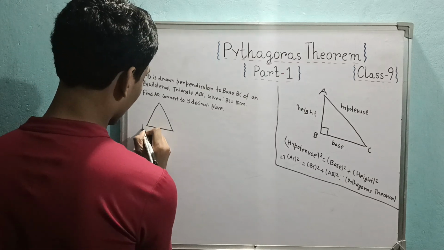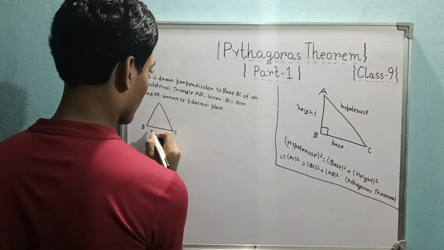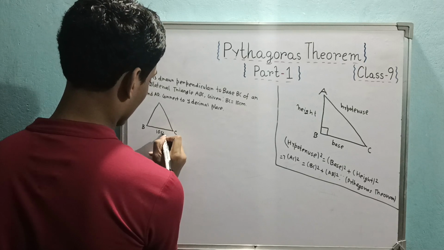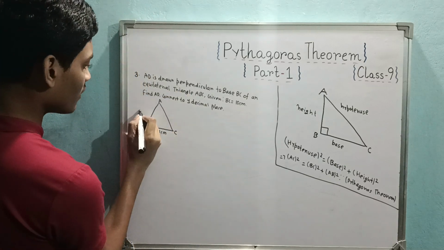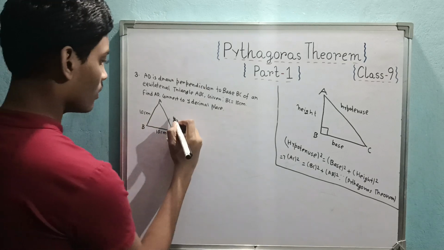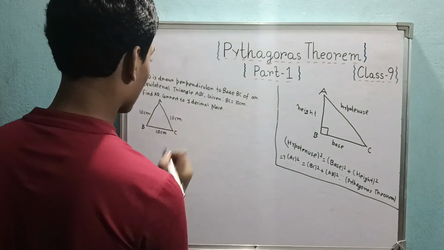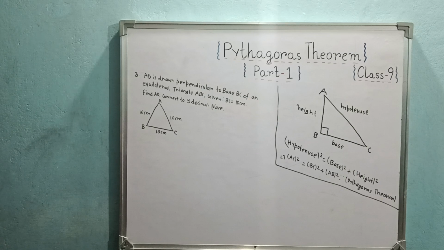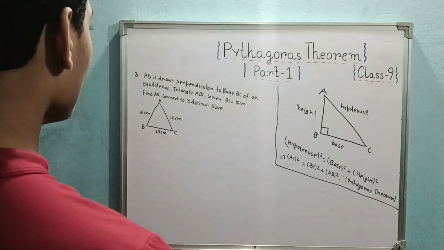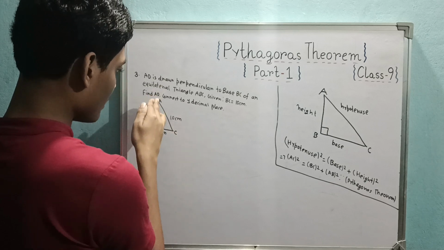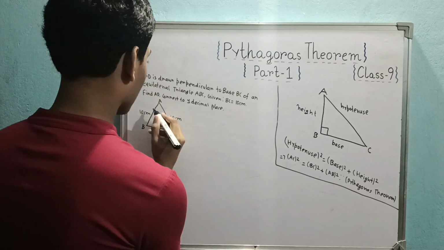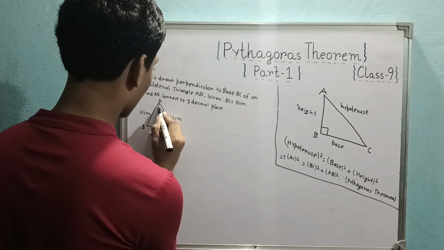So here BC, the base, it is given to us, 10 centimeter. And here suppose A. So then AB and AC will also be 10 centimeters. So I am writing it directly. It's an equilateral triangle, so all sides will be equal. Now they are telling AD is drawn perpendicular to BC. So for BC, a point AD is drawn perpendicular. So that means like here a line is drawn.